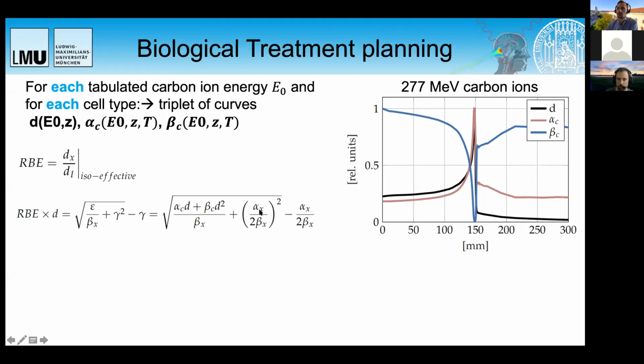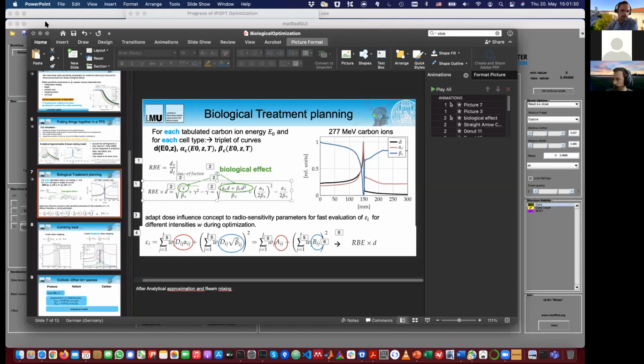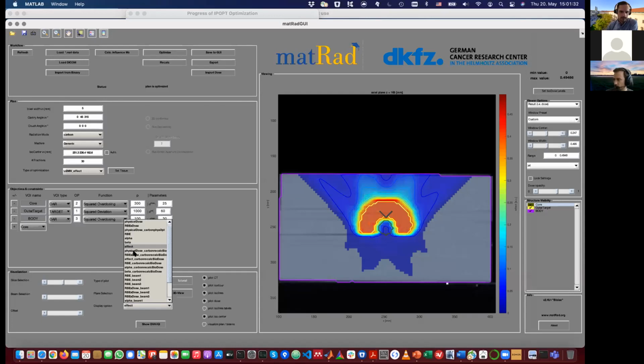Alpha x is 0.1. 2 times beta x, square it, and then we take the square root and minus this term. So it's a simple nonlinear conversion. And then you end up with the RBE weighted dose. This is then how everything comes together.